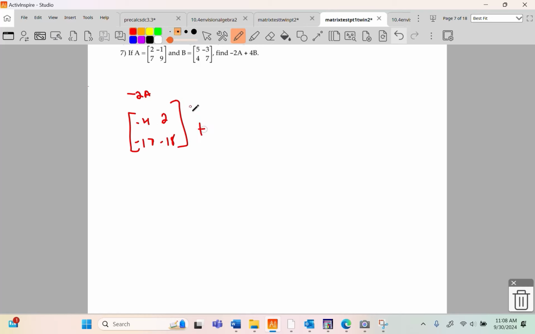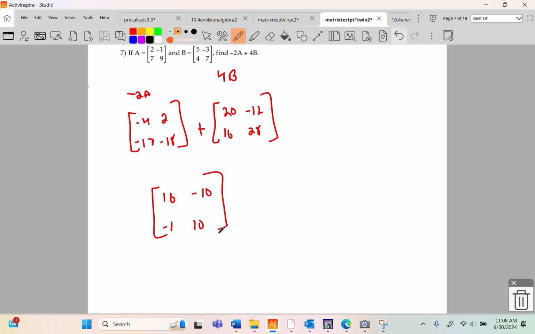We're supposed to add to that 4B. So we multiply everything by 4: 20, -12, 16, 28. And then we just put things together. -4 and 20 is a positive 16. 2 and -12 is -10. -14 and 16 is 2. -18 and 28 is 10.